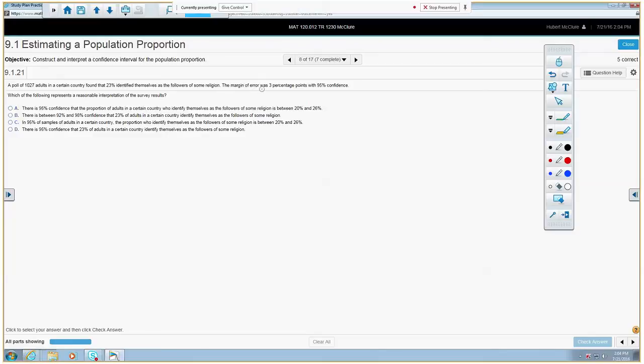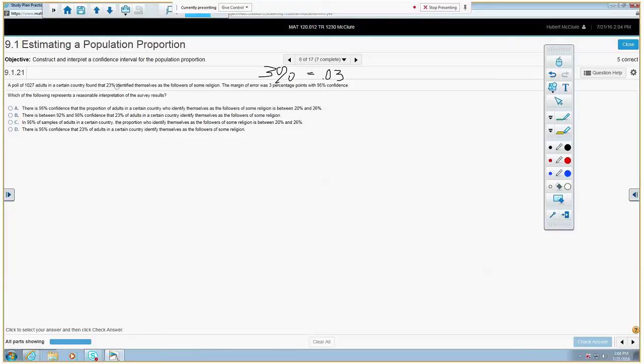I mean, percent is an area or probability, so you might want to make a note of that. The margin of error was 3 percentage points with 95% confidence. 3 percentage points, so that's 3%, or 0.03, and a 95% confidence level. Which of the following represents a reasonable interpretation of the survey results?